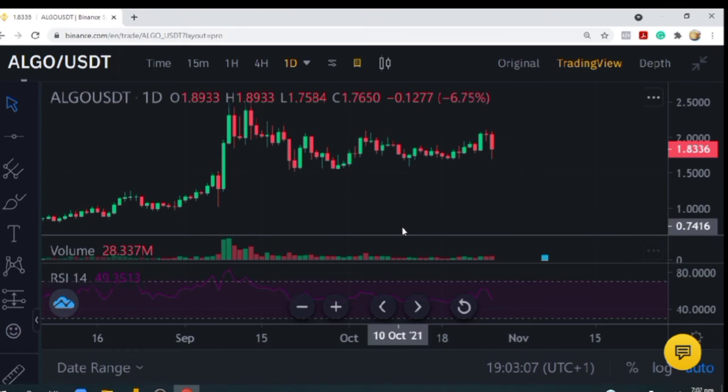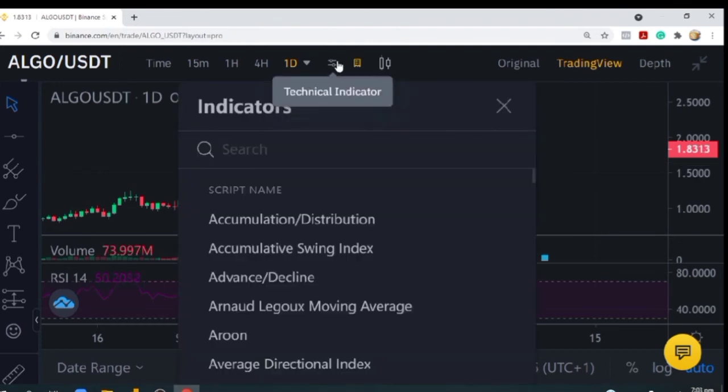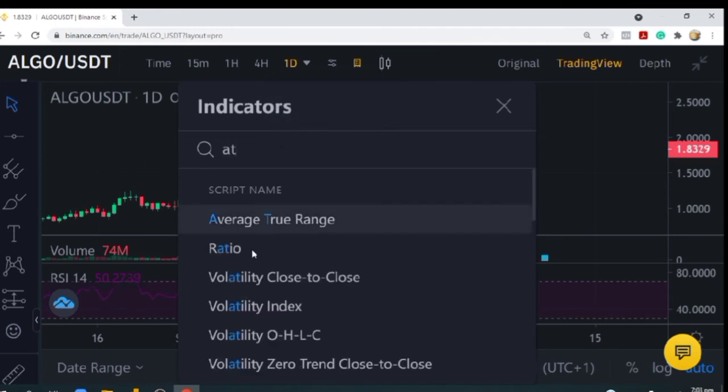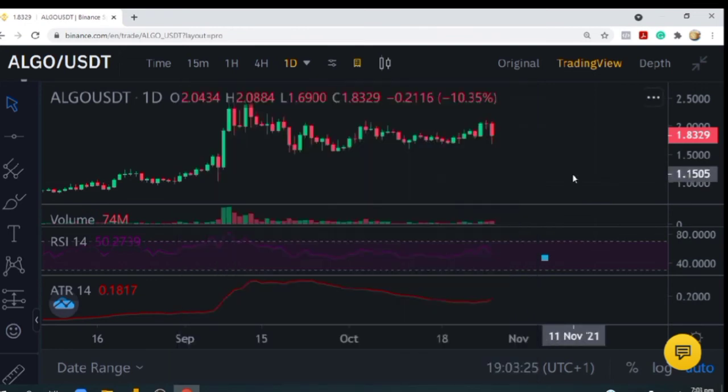So identifying where to set your stop loss can be made easy when you make use of this indicator called average true range. So ATR can help you to know when to exit the market.